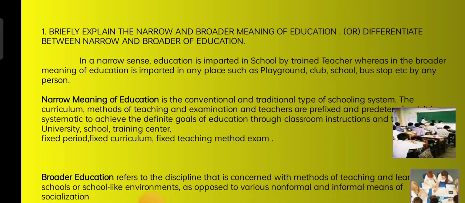Whether the child is interested or not, they have to write the exam. So this is only the narrow meaning of education. Okay, so we will read this. The narrow meaning of education is the conventional and traditional type of schooling system.